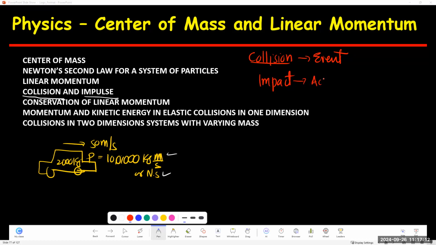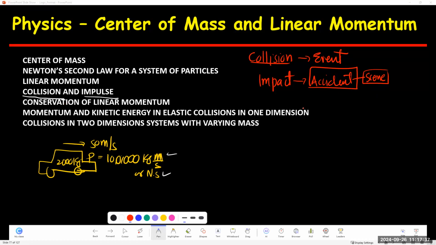An accident is a collision. So it's an event. I mean, it's not a science-based event, it's basically an event. It's an accident, it's called a scene. You saw somebody have an accident, and that's a collision.